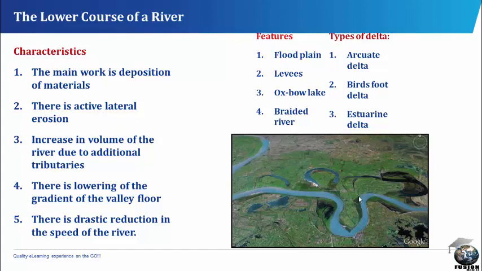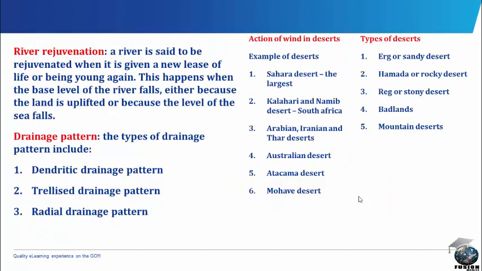3. Estuarine delta. This delta is formed when it is partially submerged in coastal waters and there is a direct flow of water into the sea with little or no sediments. Examples of arcuate delta are found in the Niger and the Nile.